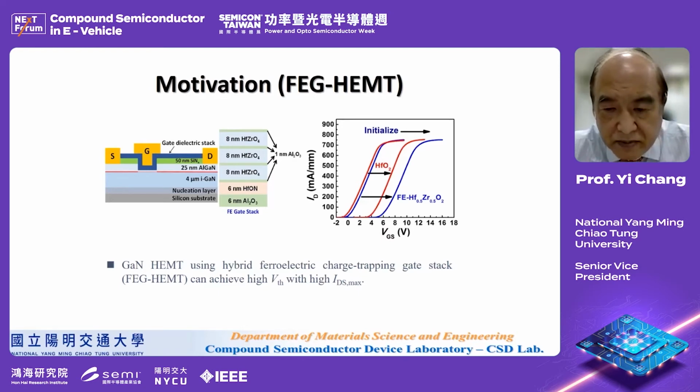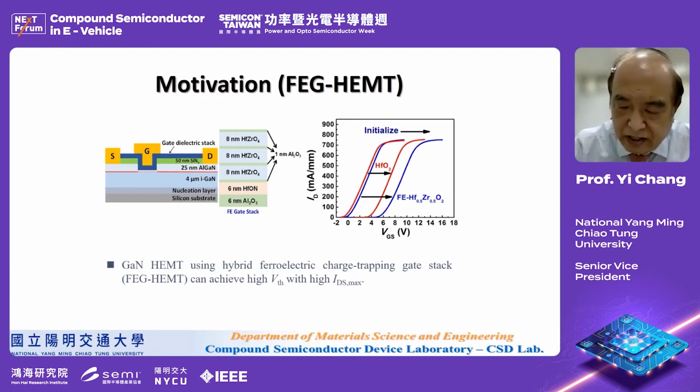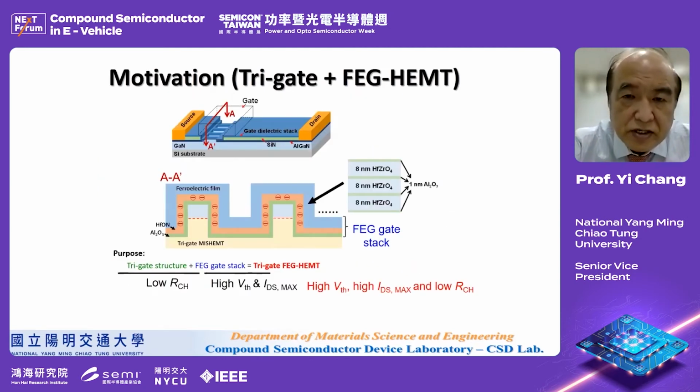Using this hybrid ferroelectric charge trapping gate stack, we can achieve high VTH with very high current, and the threshold voltage can become high enough. So this is a cross-section of this tri-gate plus ferroelectric gate HEMT.